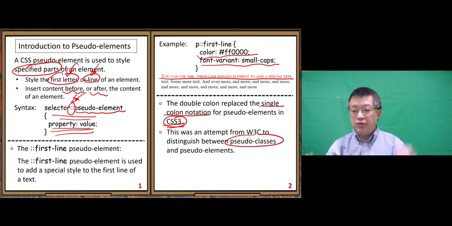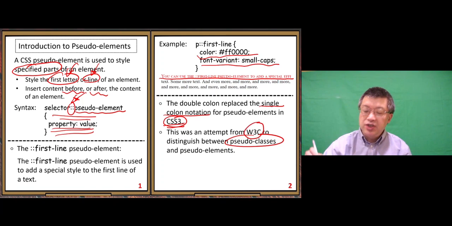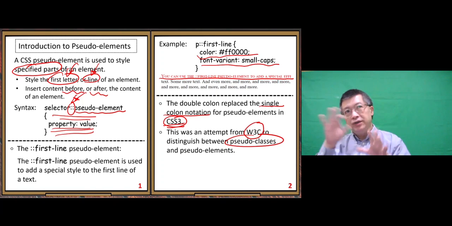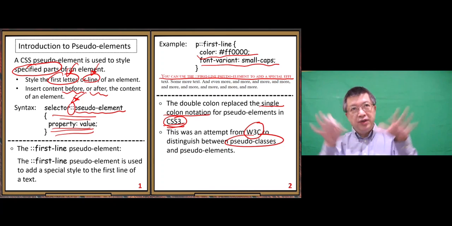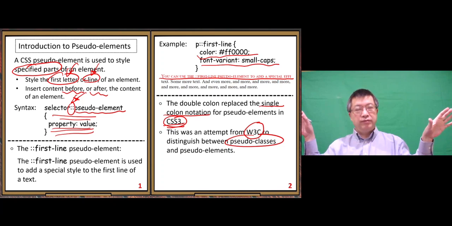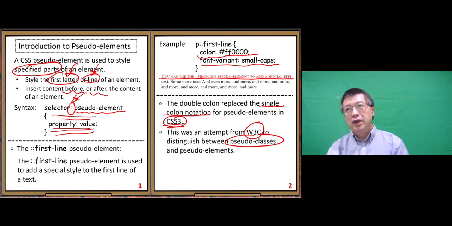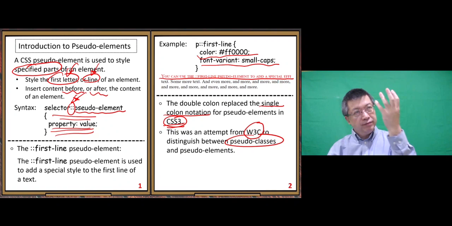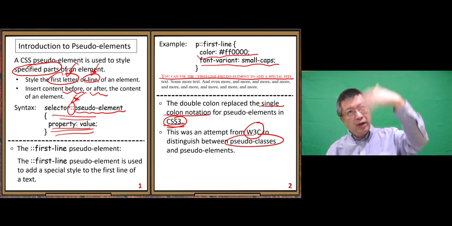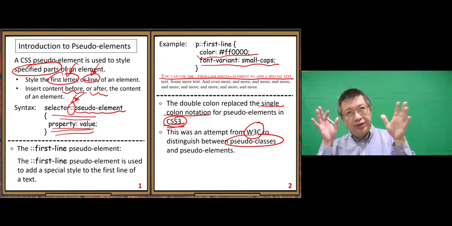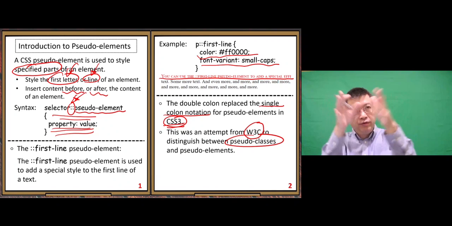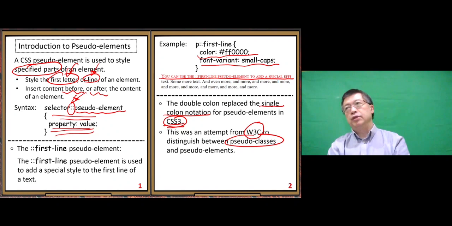So that's the reason the W3C consortium, the organization doing the standards for web technologies, felt we need to improve. When the version changes, they try to improve the quality of the technology.